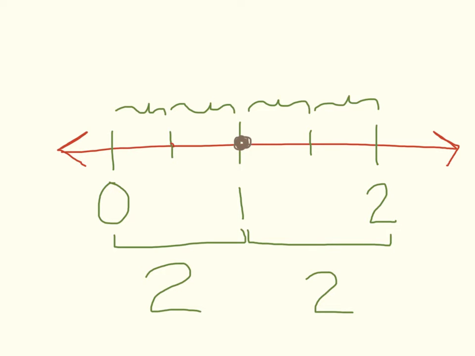So, for example, if we are right here, we are the first tick mark out of the 2 spaces. So we are 1 over 2, so actually our fraction would be 1/2.